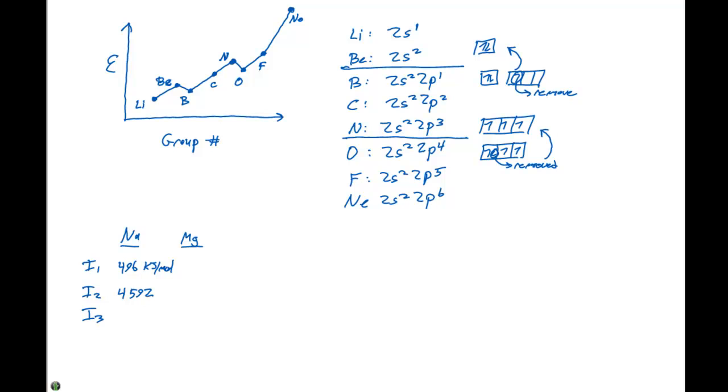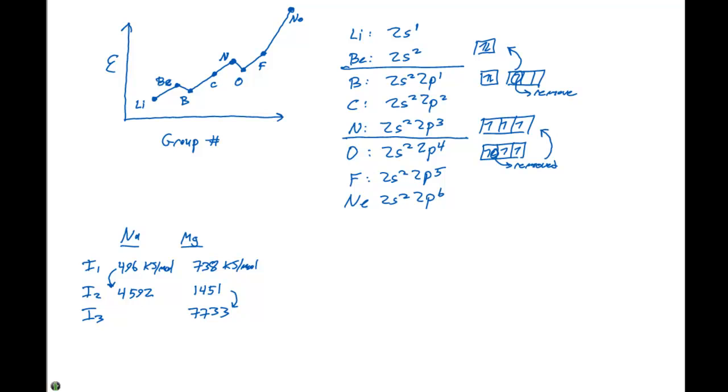For magnesium, the first ionization energy is 738 kilojoules per mole. The second is 1451 kilojoules per mole. And the third ionization energy is 7,733 kilojoules per mole. So for sodium, we see a large jump from the first to the second ionization energy, whereas for magnesium, we see a large jump from the second to the third ionization energy.